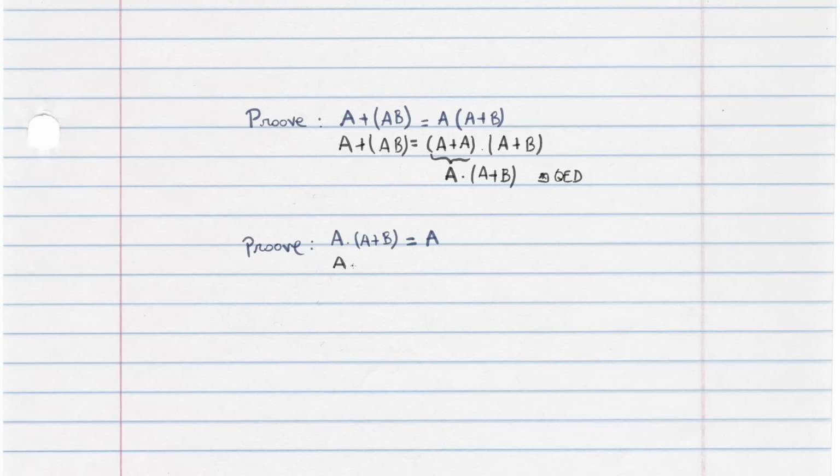And now to prove that this is equal to A, we can write that this is equal to A and (A or B). That's what we just proved. And then A is the same as A and true, or A and B. And now you see that we can factorize by A and (1 or B), and true or B is true. So this is equal to A, and that's it.